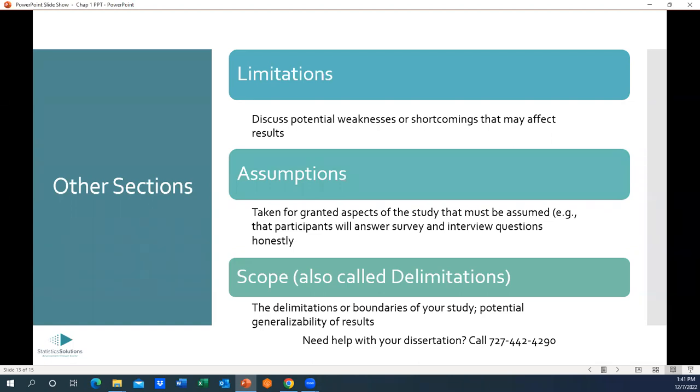This is a way to highlight those boundaries of your study. And it's going to sound like a lot of the information that's in your purpose statement, but, you know, here's your sample, here's your setting, here's what you're focusing on. Details like that about the sample, the participants, just again, to highlight where your study begins, where it ends, where the boundaries are.